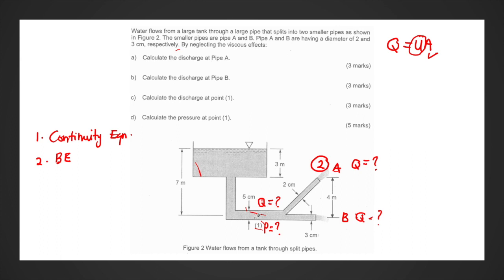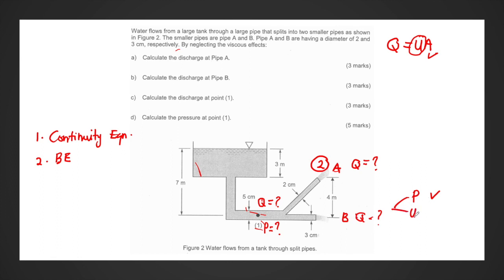It will make your solution complicated. What about B? Do we have pressure at B? Yes, P atm. And then velocity. Do we have any velocity point? First is pressure. Yes, because it goes to the atmospheric pressure.